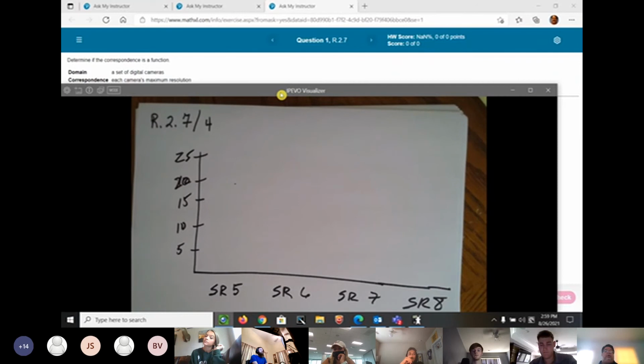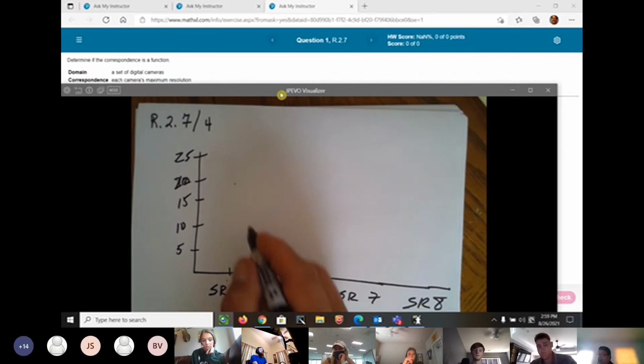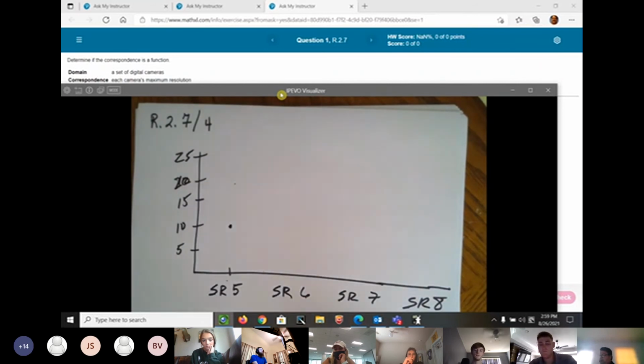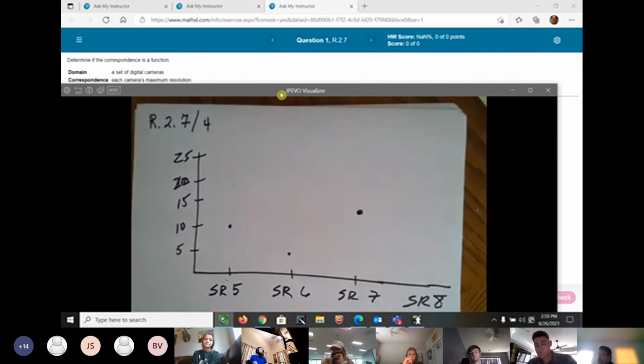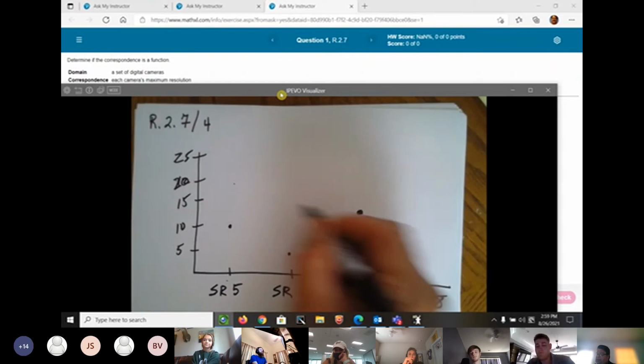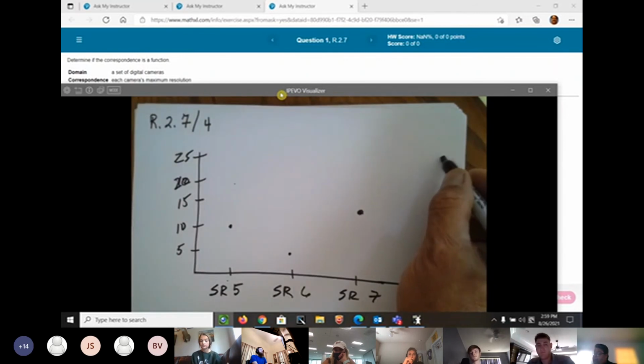The function is maximum resolution. Well, this camera could have a resolution of 10. This camera could have a resolution of 5. This camera can have a resolution of 15. And this camera can have a resolution of 25.